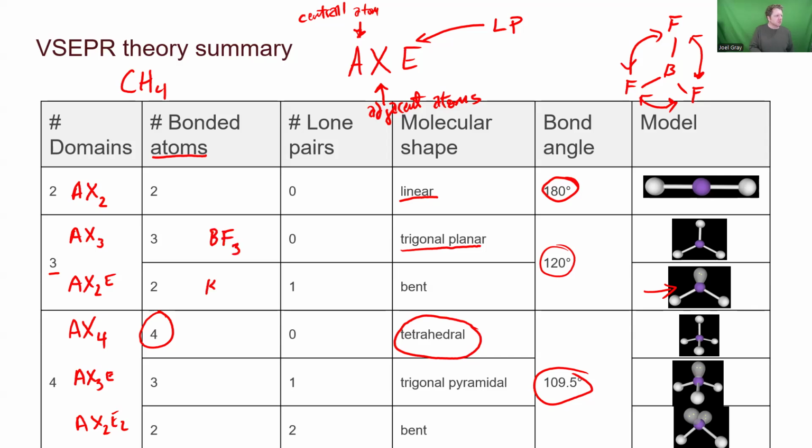Is it here or is it here? Well, let's see. It can't be here. Could it be here? No, it couldn't be there because we don't have any lone pairs of electrons specifically on that central atom. So that means that we are left with this geometry right here. It's a trigonal planar molecule.